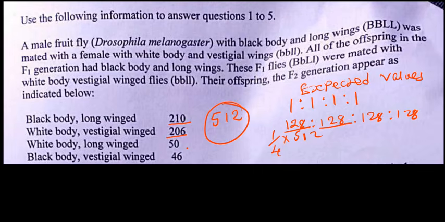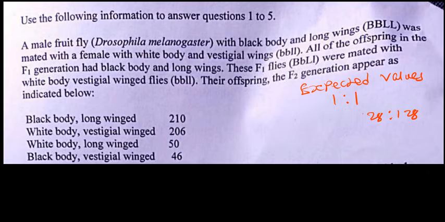These are 50, expected is 128. These are 46, expected is 128 as well. So there's a numerical difference, but for us to tell if the difference between the observed and the expected values is significant or not, we have to conduct the chi-square.